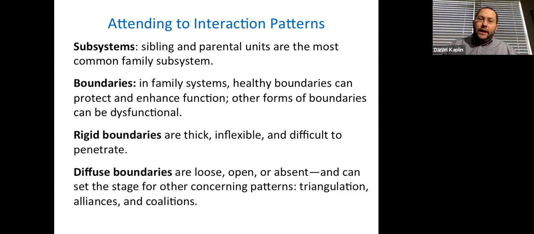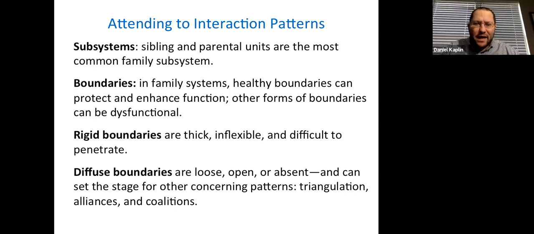Boundaries. Now, healthy boundaries, everybody should have healthy boundaries, right? So healthy boundaries are somewhat firm but flexible when they need to be. But we get into problems when there are either boundary crosses or problems in effective boundary setting.